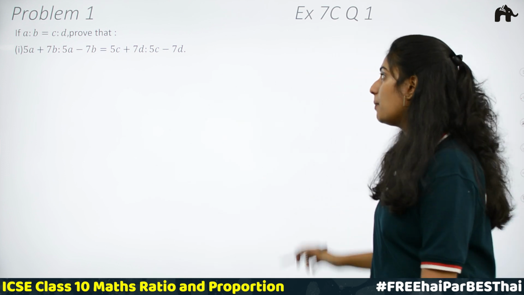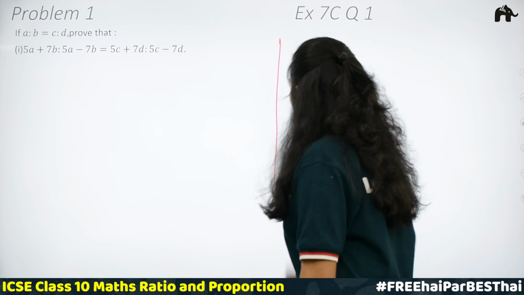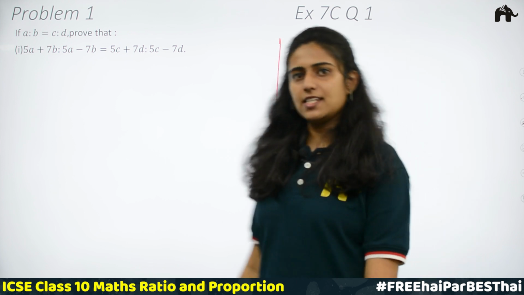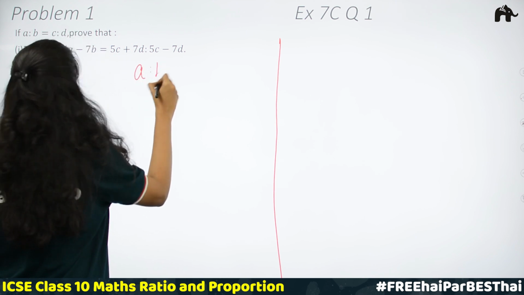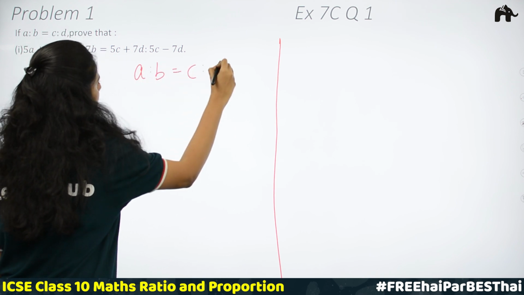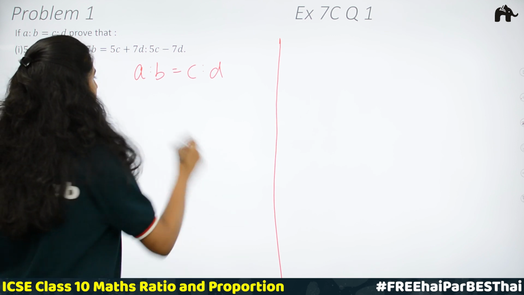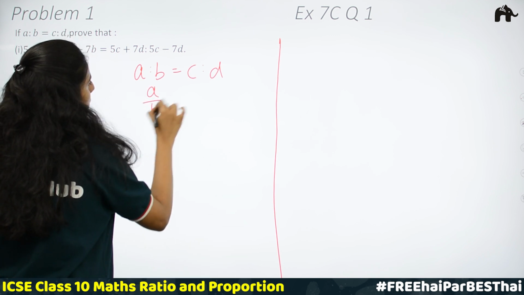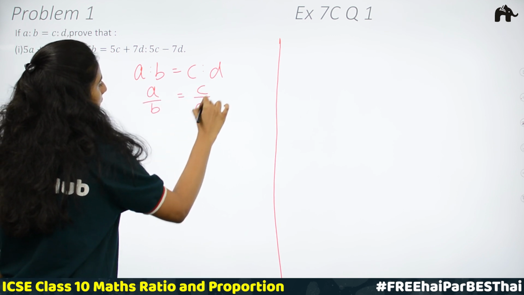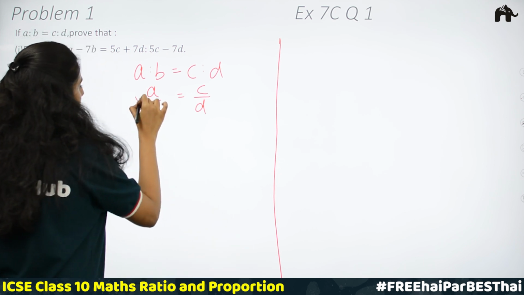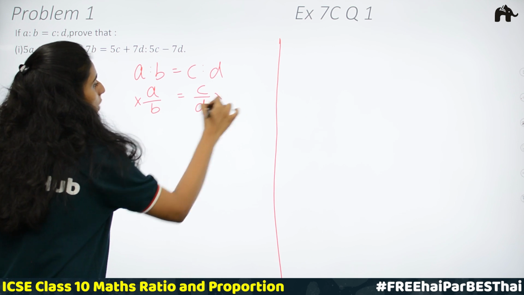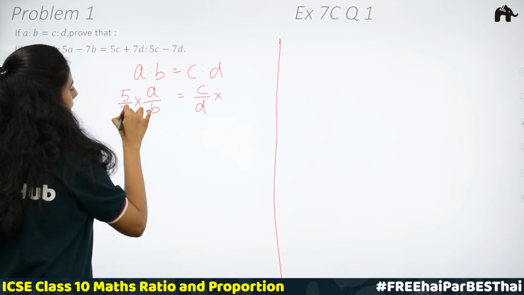We have studied the properties of proportion. We are going to apply the same here. Okay. We have A is to B is equal to C is to D. This can be written as A by B is equal to C by D. We need 5 and 7. For that, I am multiplying on both sides with 5 by 7.